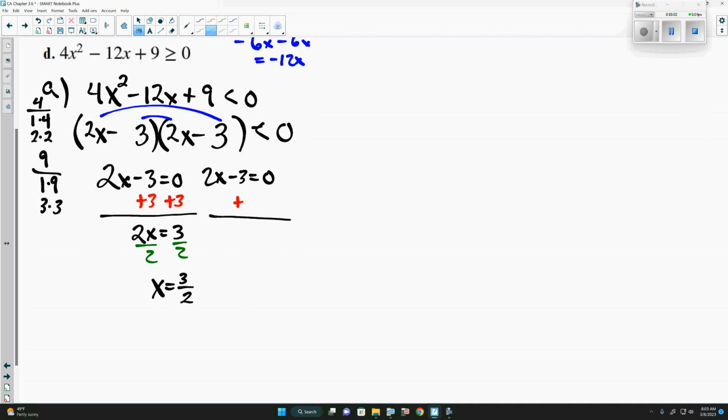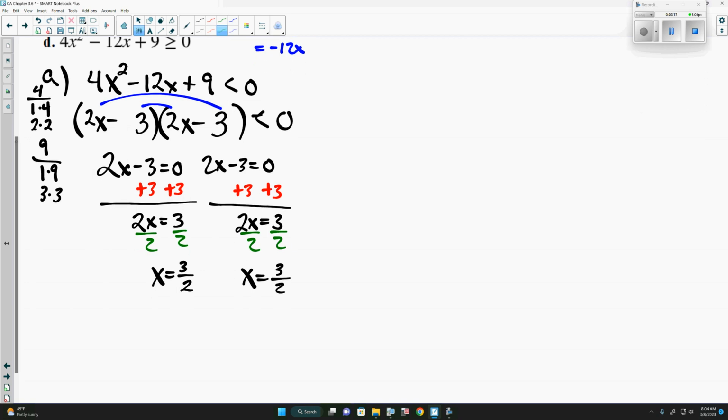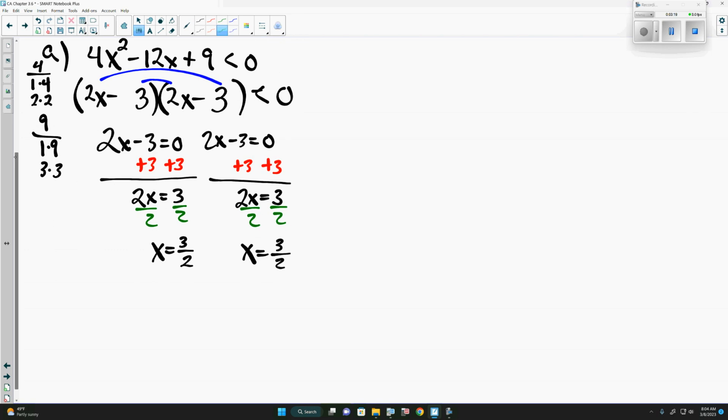And we could do the exact same thing for the other factor. So, our main key number is 3 halves, because when x is 3 halves, the y value will be indeed 0.